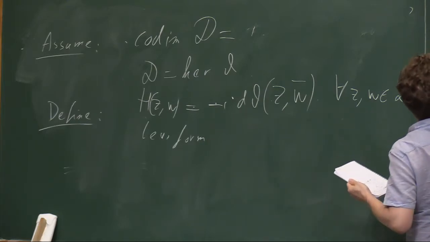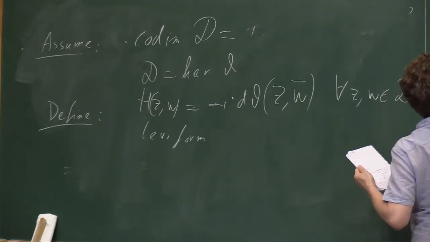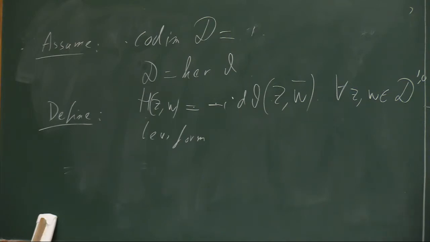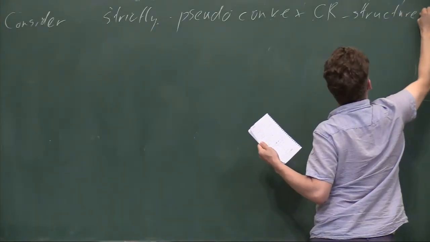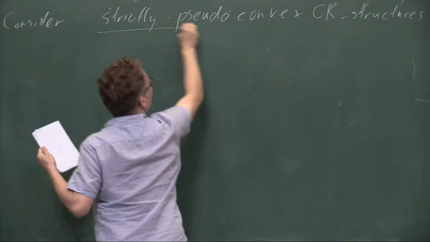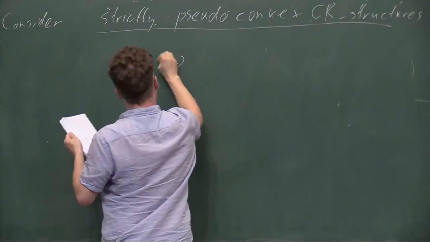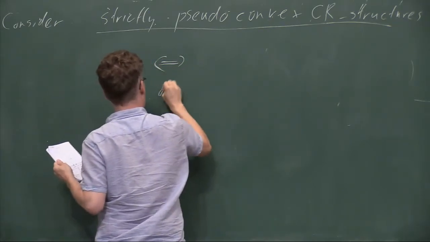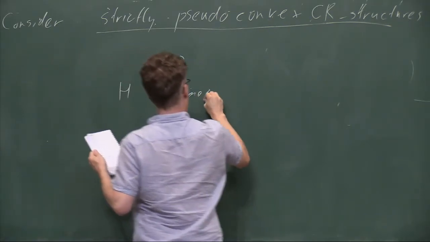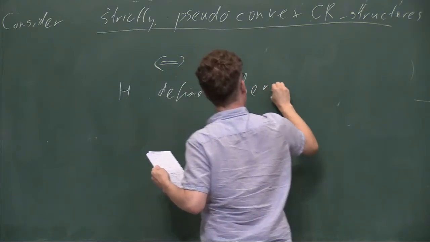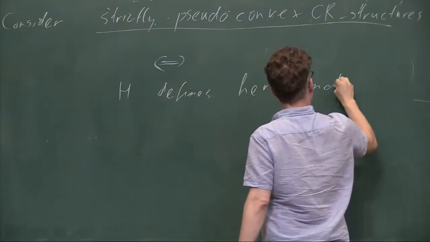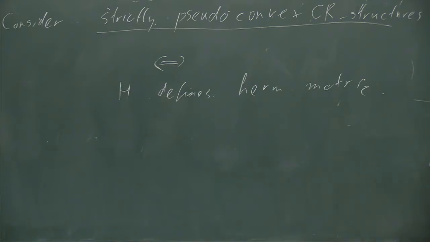So consider strictly pseudo-convex CR structures of codimension 1. This means that this H defines a Hermitian metric.